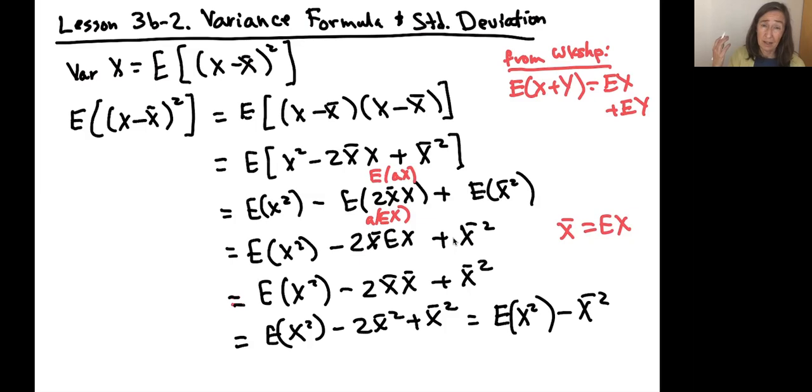That's the formula for a variance that you may remember from other classes that you've taken, that we're going to use extensively going forward. And you will see it written the other way as well.